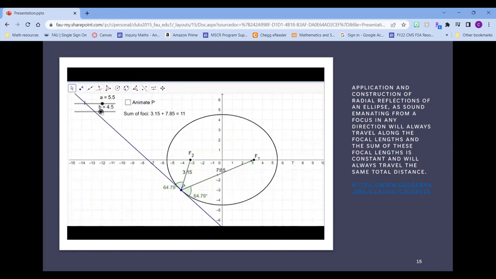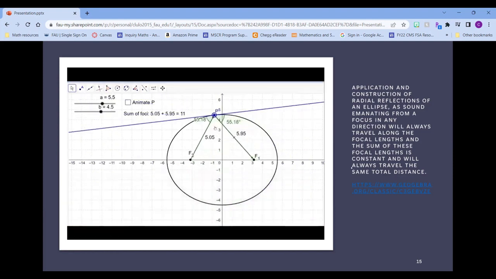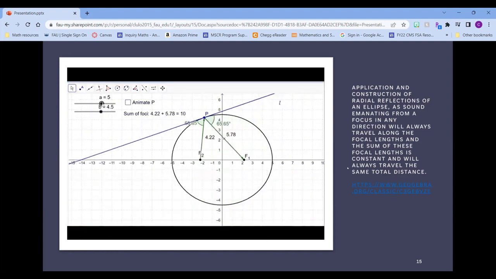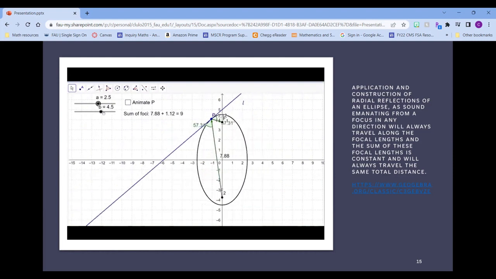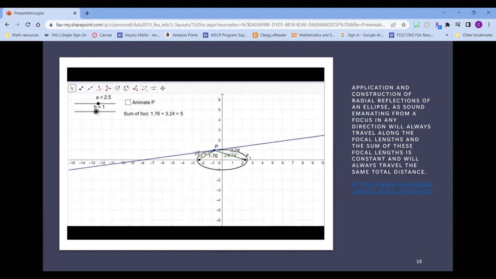Now with radial reflection, you will have something like this, where the sum will always add up to that constant like Clarence was talking about.